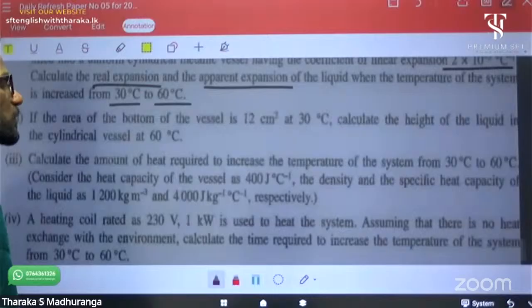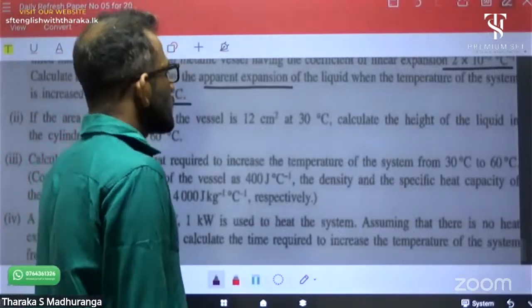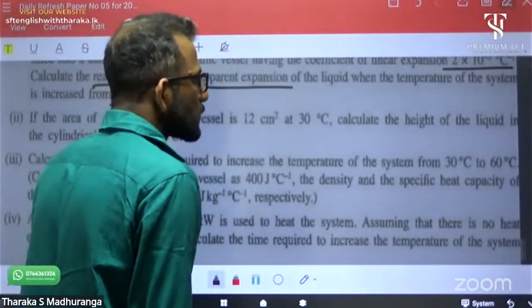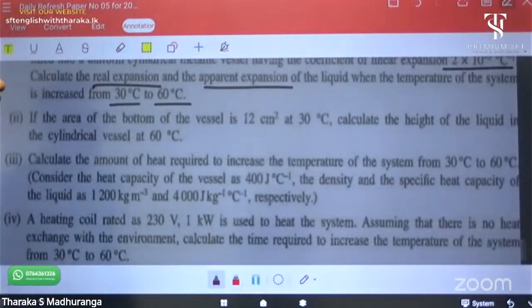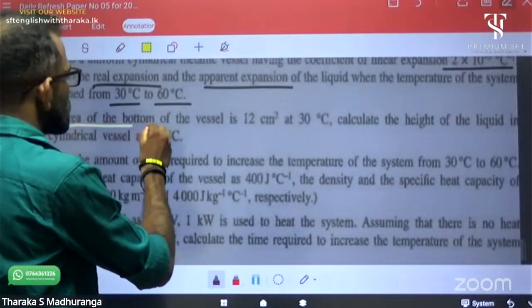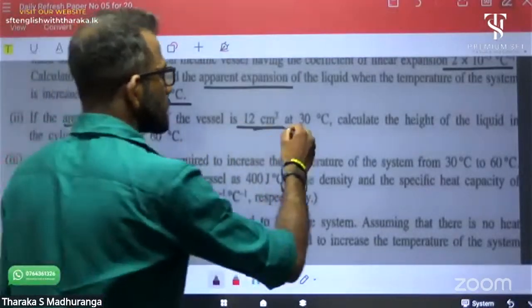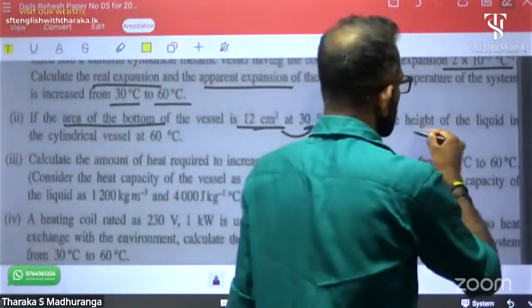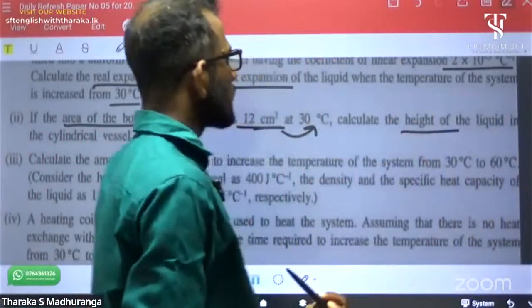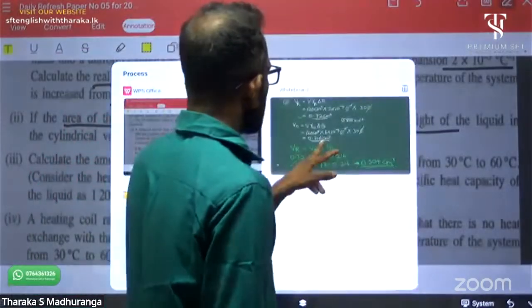The bottom area is given, 12 square centimeter at 30 Celsius, the initial temperature. Actually, it is related to volume, right?